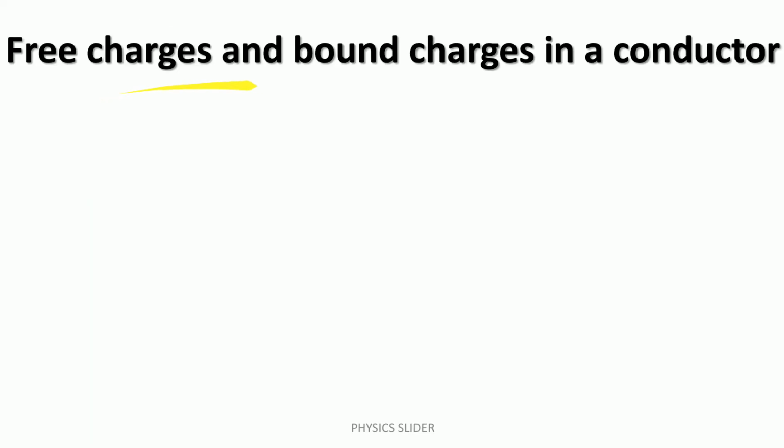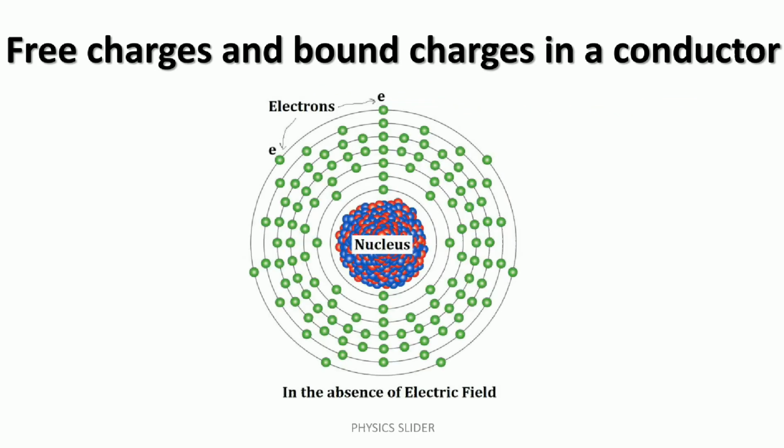Further, we will discuss free charges and bound charges in a conductor. Here you can see an atom, the nucleus, and the electrons in the different shells, and this is the outermost shell. This is the condition in the absence of electric field.